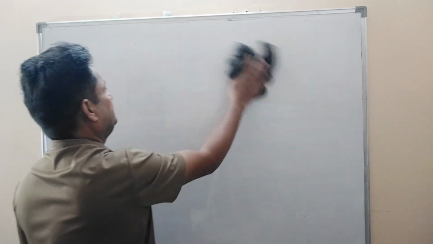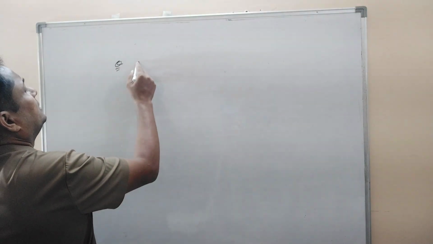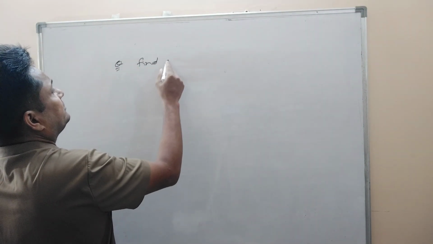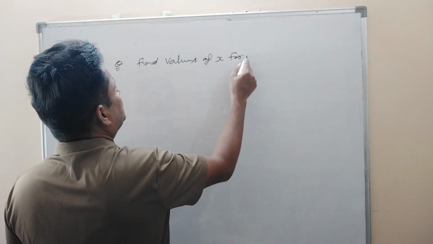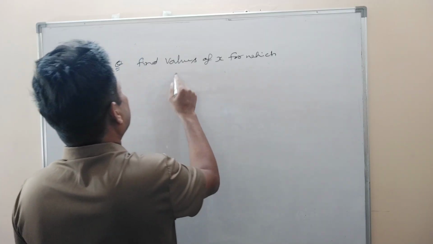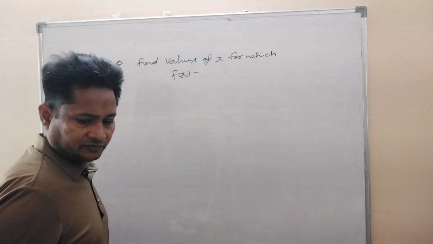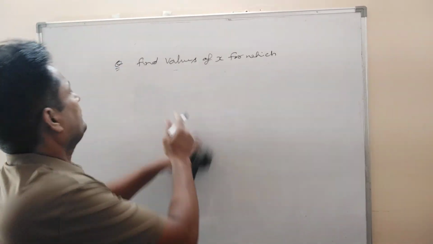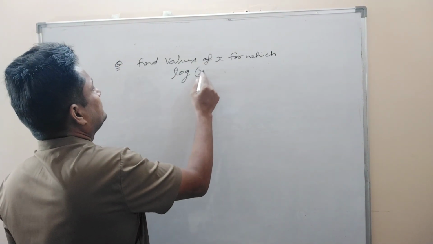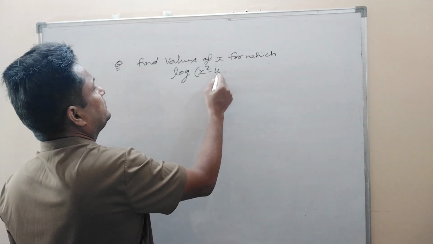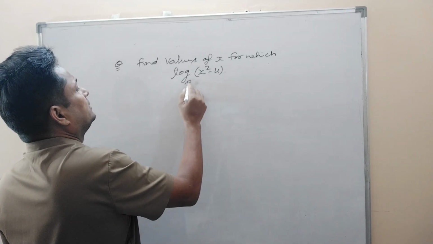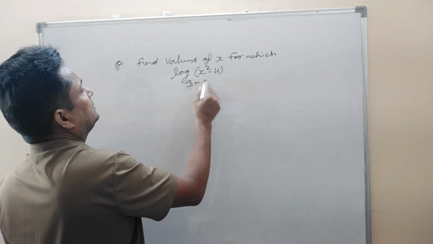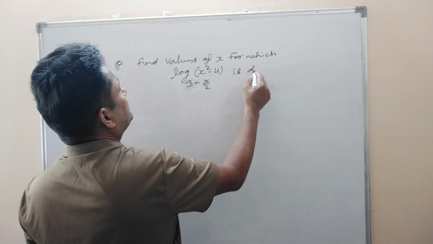let's discuss the question based on this one. Question: find the values of x for which f(x) is equal to log of x square minus 4 base 3 minus x by 2 is defined.